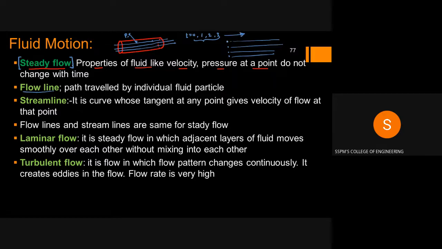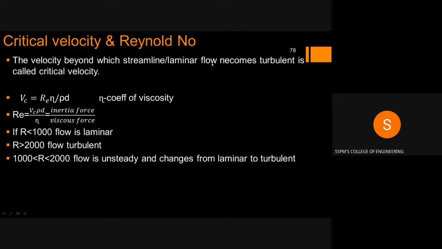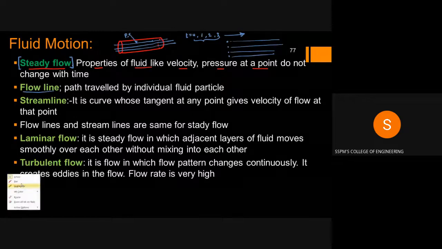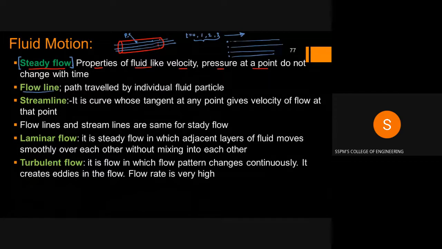So this single fluid particle will travel along this path. These are the successive locations of the same fluid particle. So this path is called a flow line.